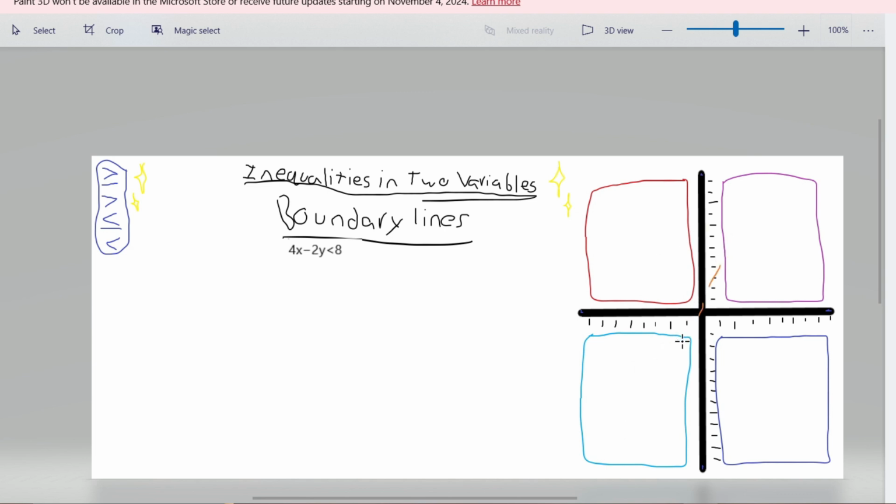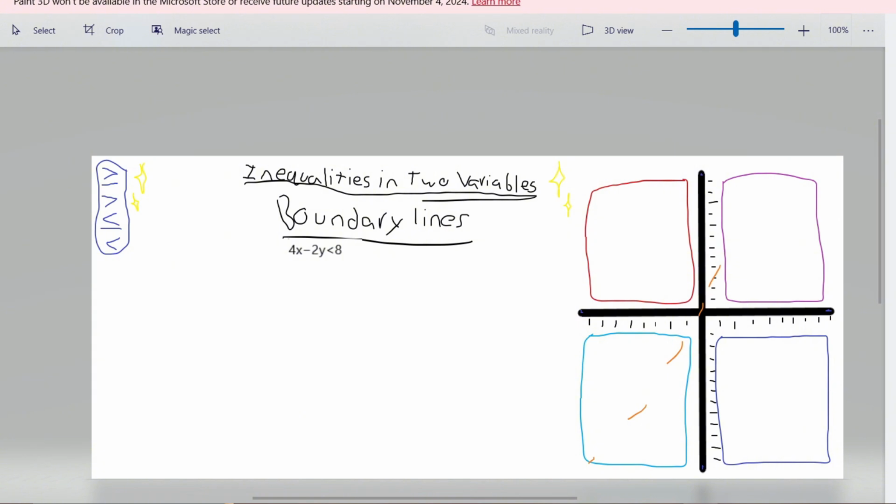So dotted line this way, and we shade it with our pink. Look at that. So we know a butt end this way means we shade that way.